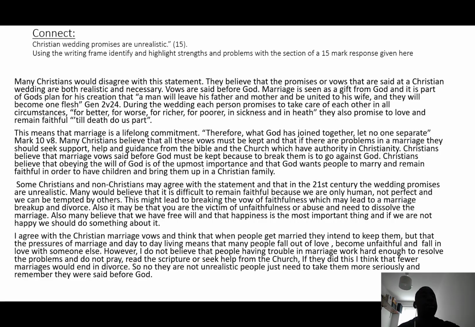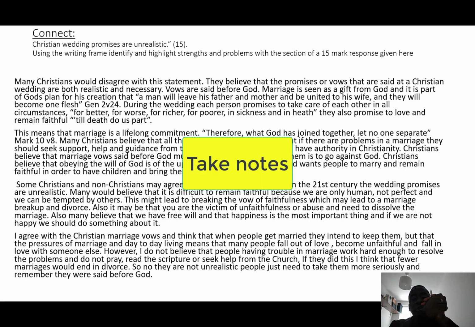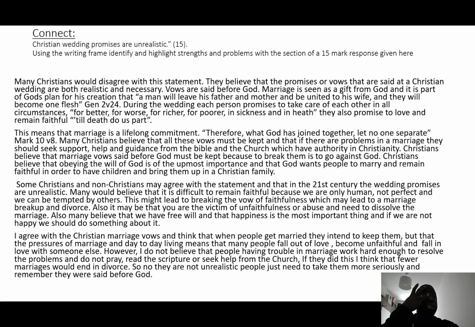All right, so first I just want you to have a look at this. This is a 15-mark question. Using the writing frame that I've given you, use the checklist and the exam criteria.